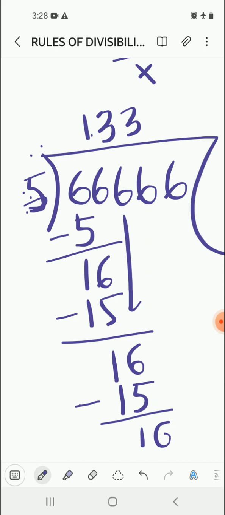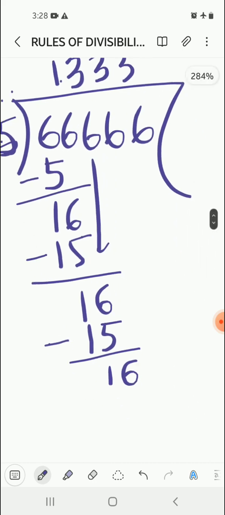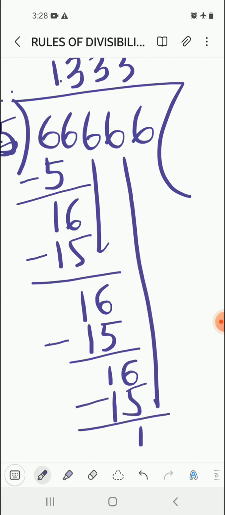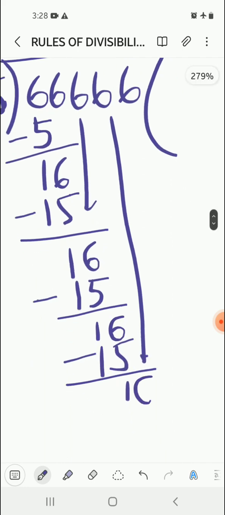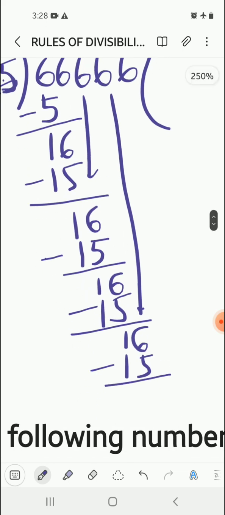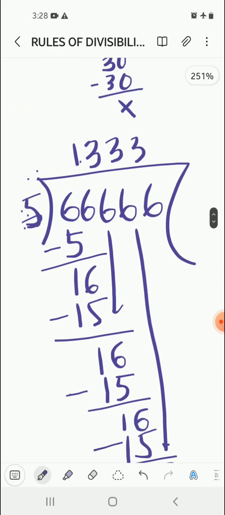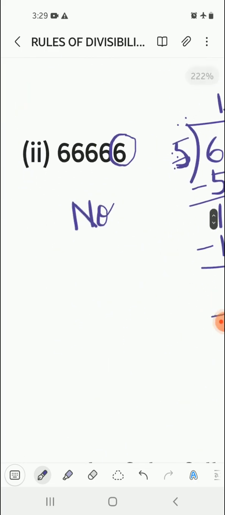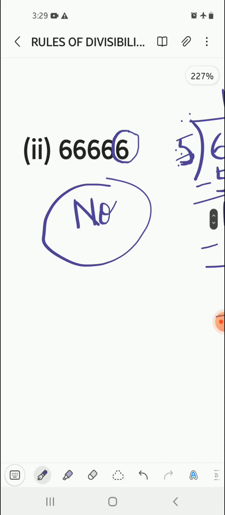Again, 1. Again, 6. 5 threes are 15. So you see, it will leave 1 as a remainder if we continue doing this. It leaves 1 as the remainder. Since it leaves 1 as the remainder, hence proof that the answer is no. And that is absolutely correct.